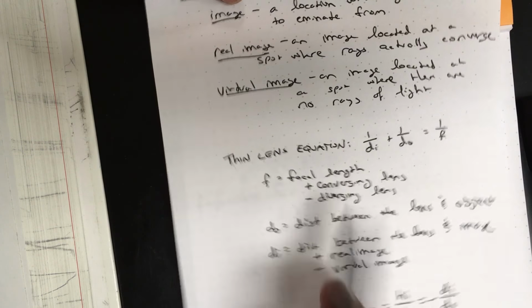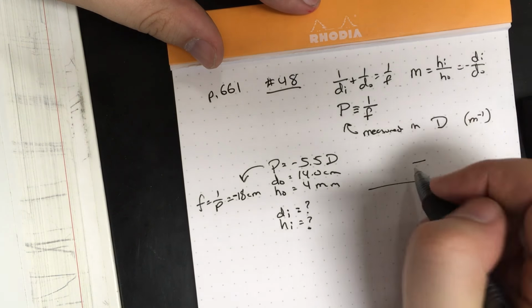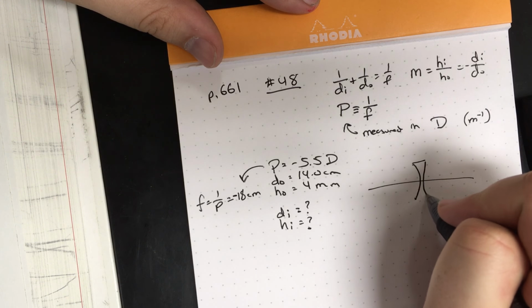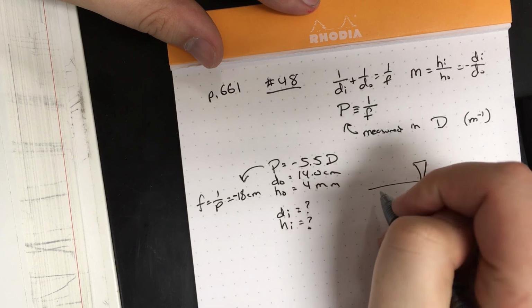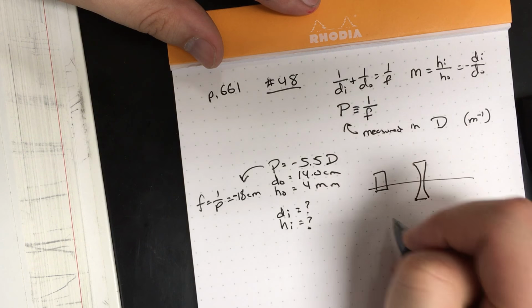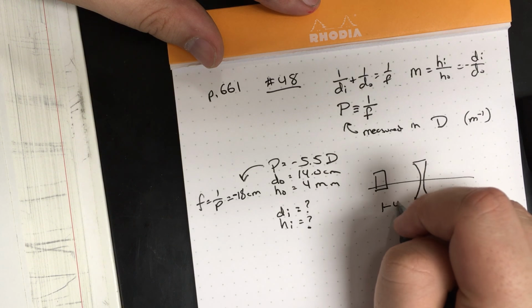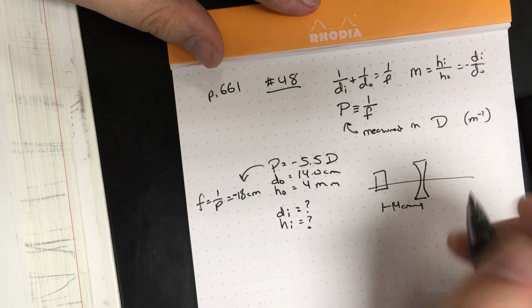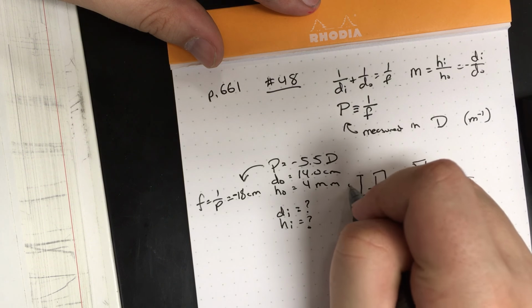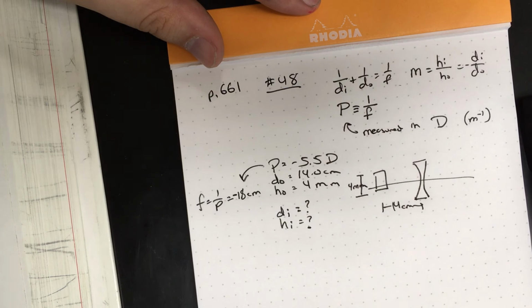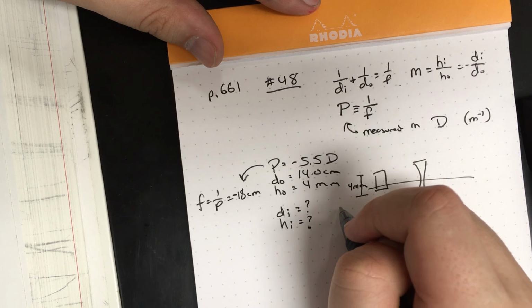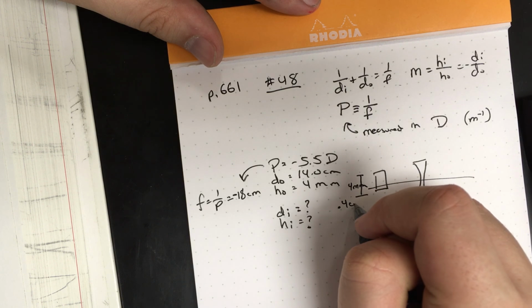Well, remember in our notes we said negative focal length means it's a diverging lens. So I'm going to draw myself a diverging lens here, which looks like that. And I'm going to draw an object located 14 centimeters away and has a height of 4 millimeters. Just to get common units, let's call that 0.4 centimeters.